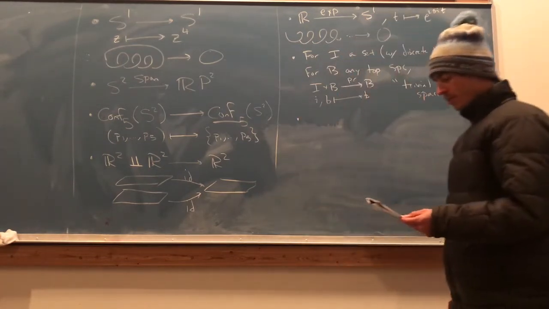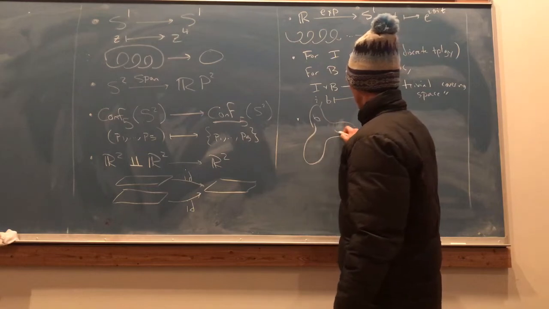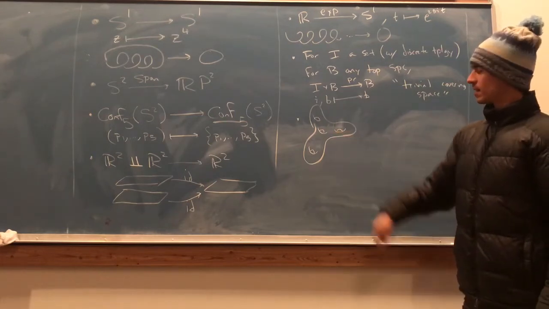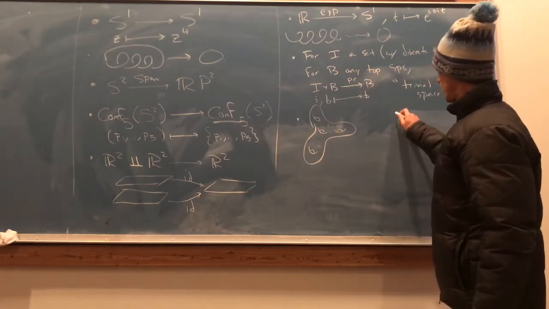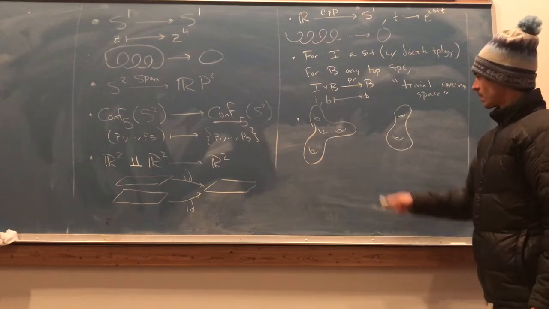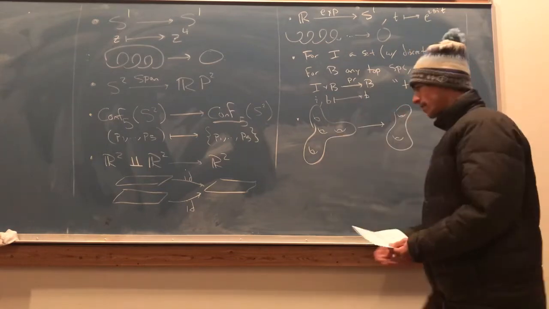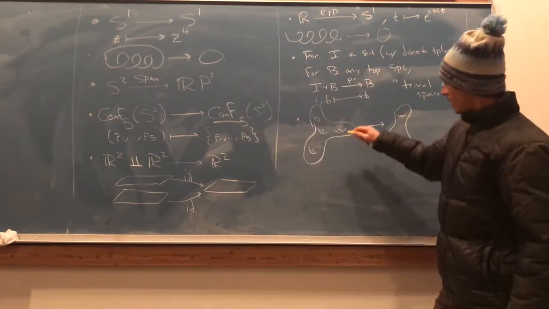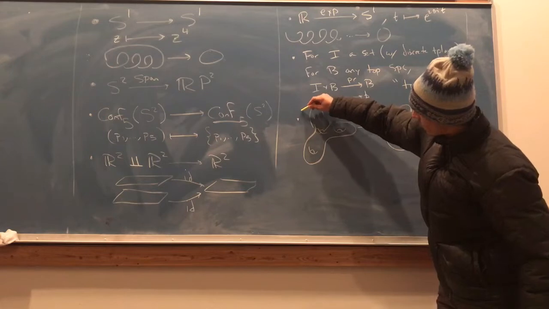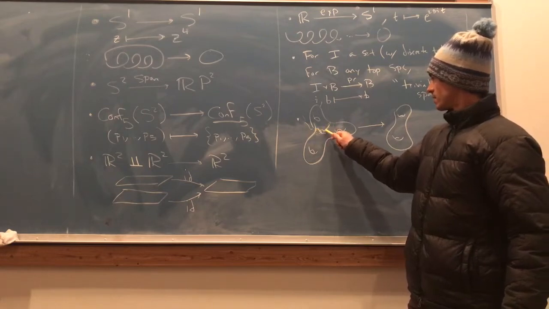I'll just draw a picture for our next example. There's some surface. It has 4 holes in it. And here's a surface. It has 2 holes in it. There's a continuous map. How is it given? Well, it evaluates identically on this portion here, and is given by gluing this circle to that circle.